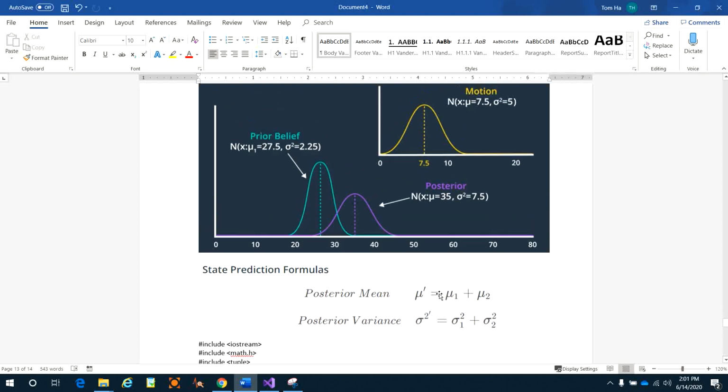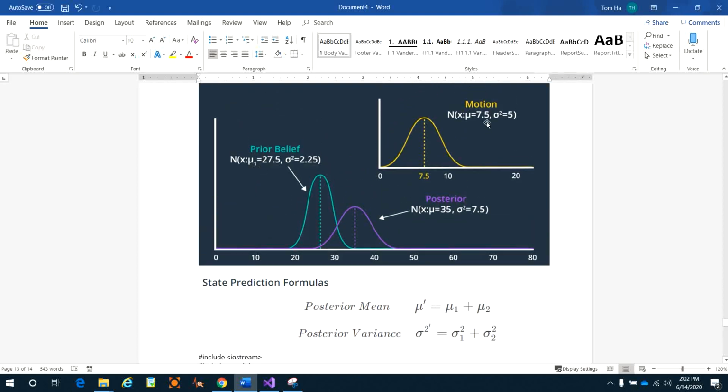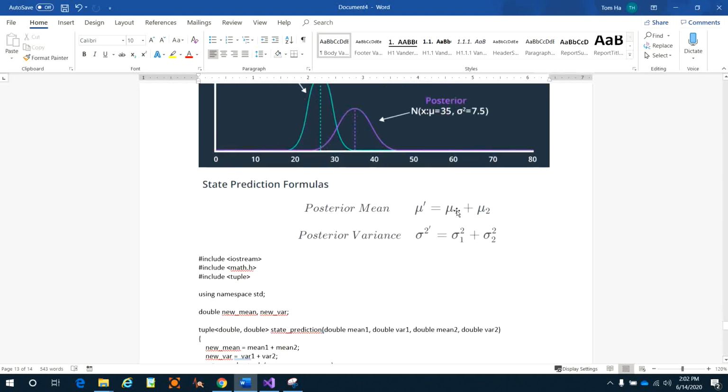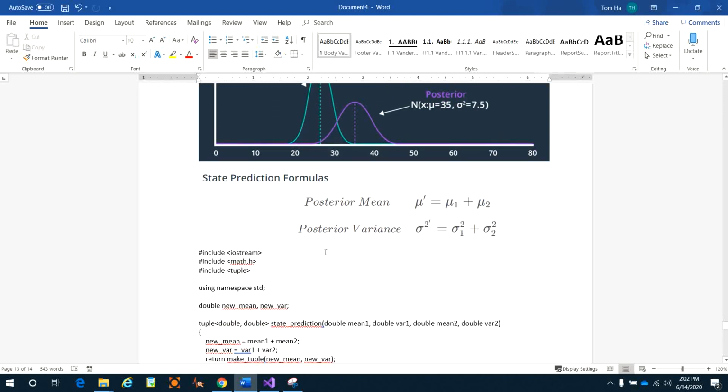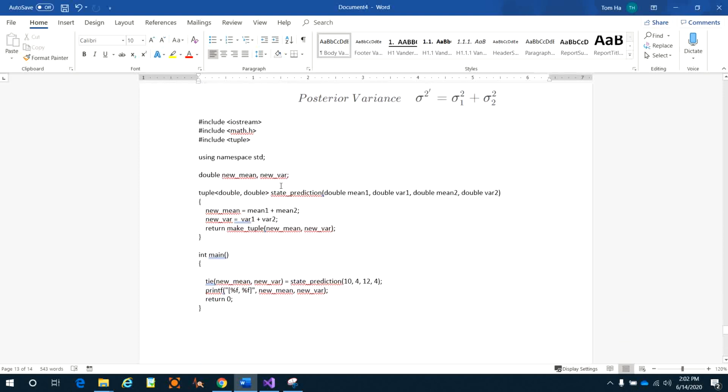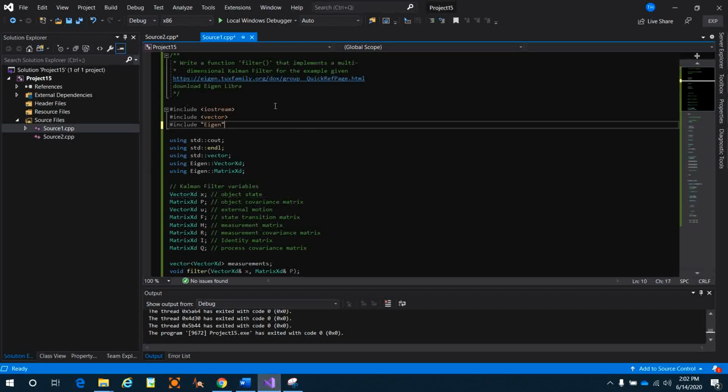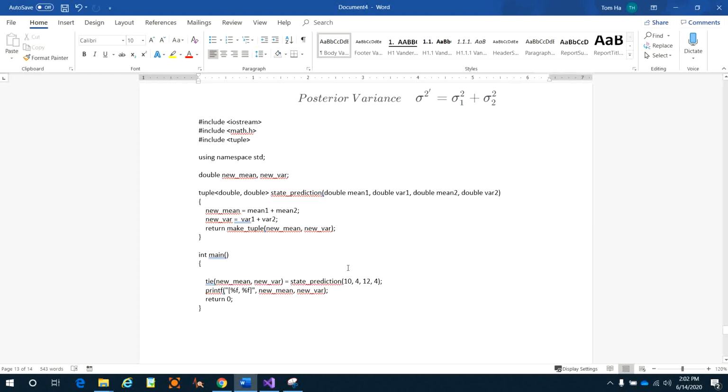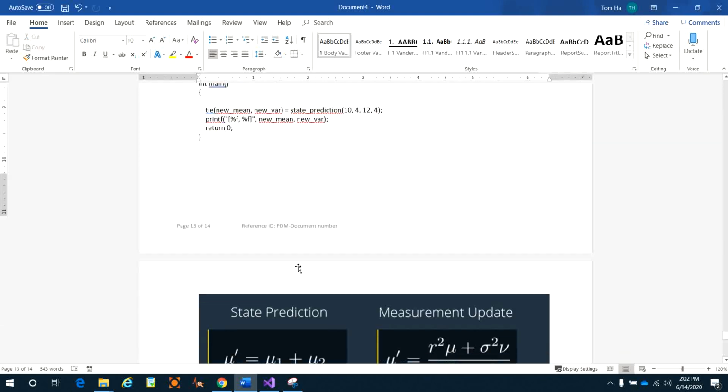You plug in mu and the mean of the motion, and the covariance and the covariance of the motion, and you get the result. You can do the same thing in C++. You can use a tuple right here and write the new mean and new variance. It's easy and returns you the value.